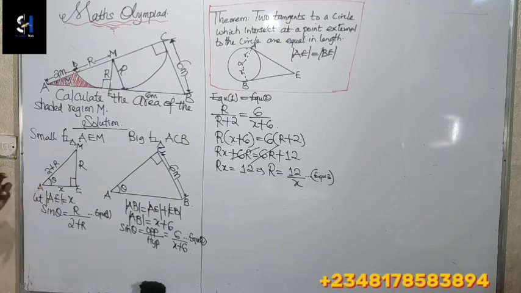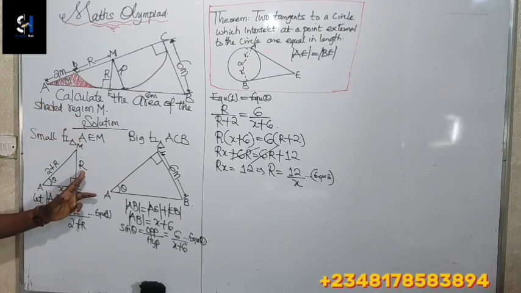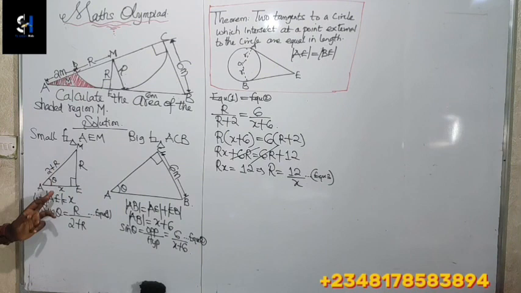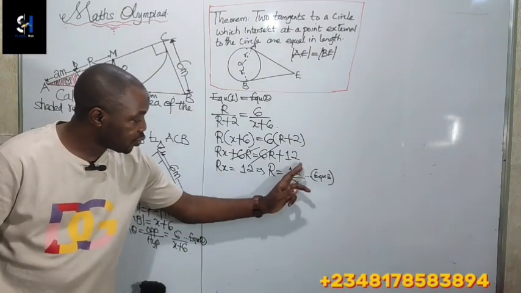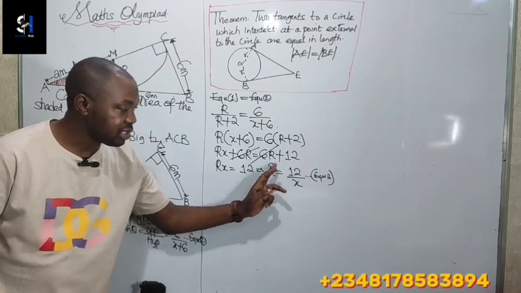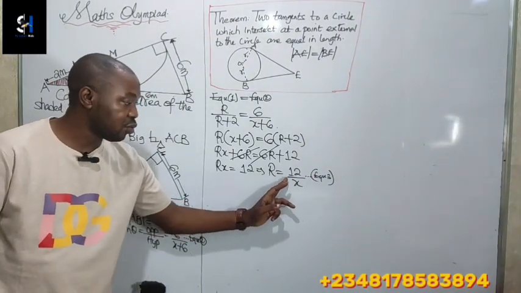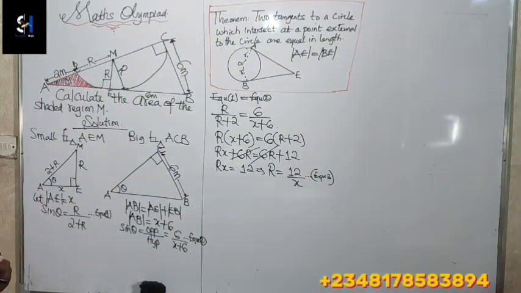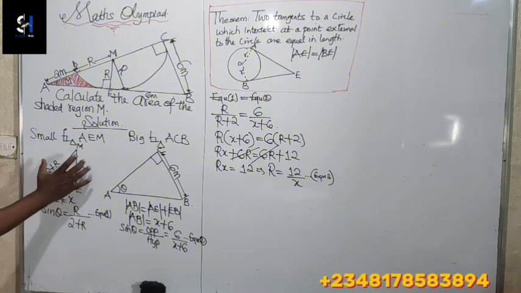To find the value of r, we can see here that for the small right triangle, we have this side to be r, this is 2 plus r, and this third side is x. And we have our relationship, that is r expressed in terms of x to be r equals to 12 over x. So what we're going to do in this case is to what?